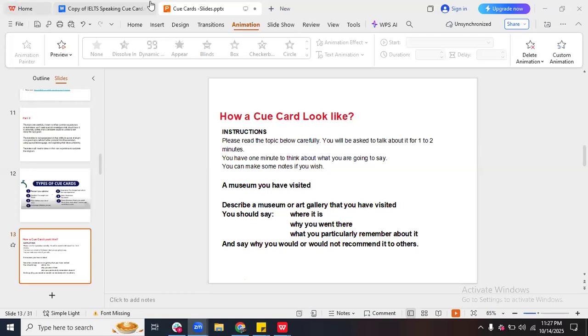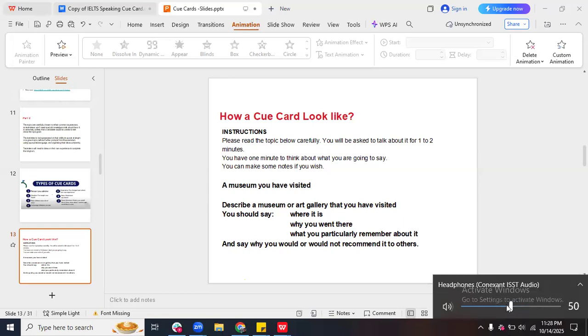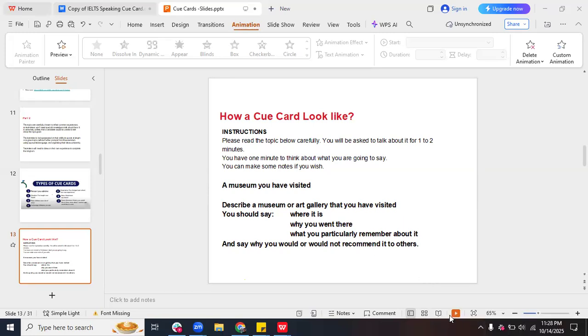Yes, Sarasan. I have not visited any specific museum or art gallery, but last year there was an event organized by a society in our university regarding art, where I went to see different art pieces of different departments, and a lot of students participated.